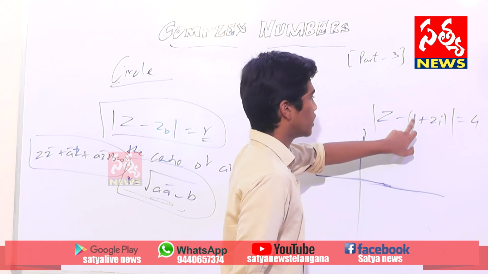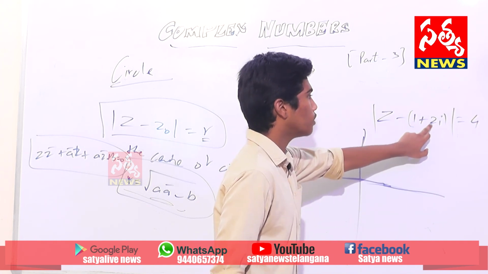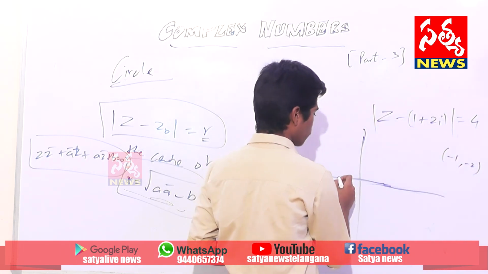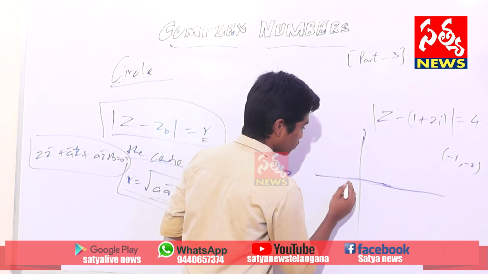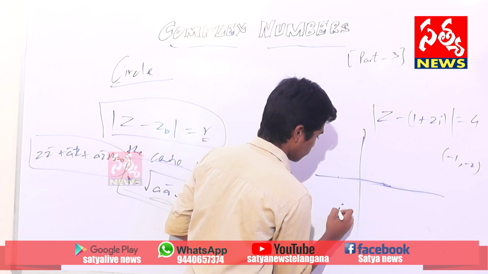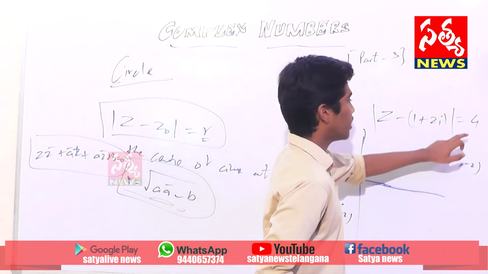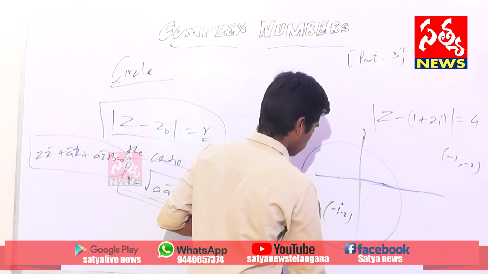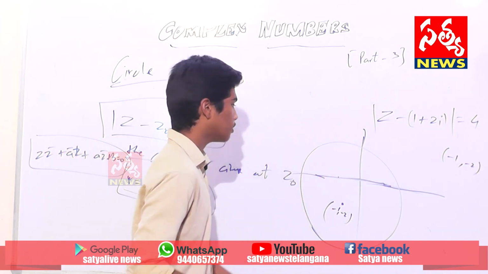Now the center is at minus 1 comma minus 2, with the radius of 4. So this is a circle.